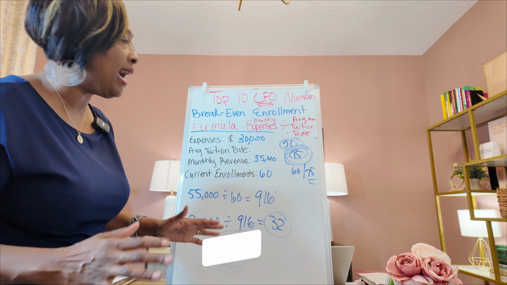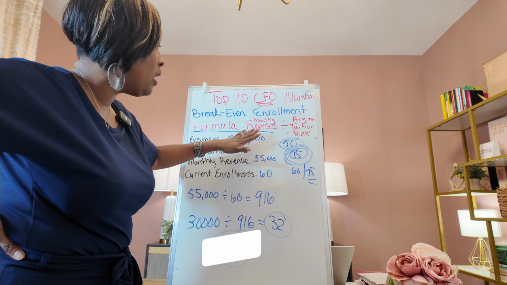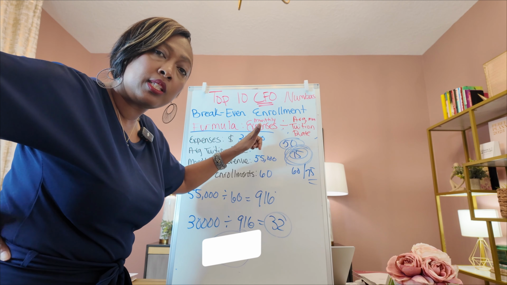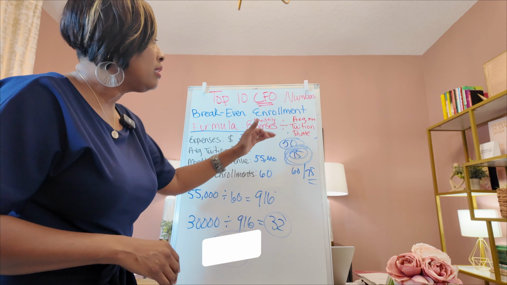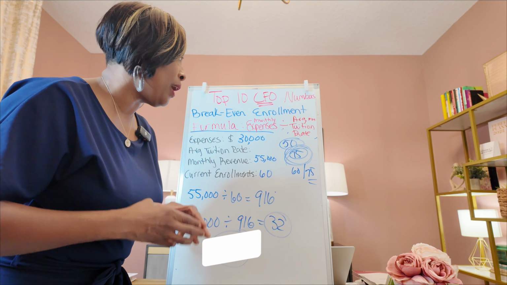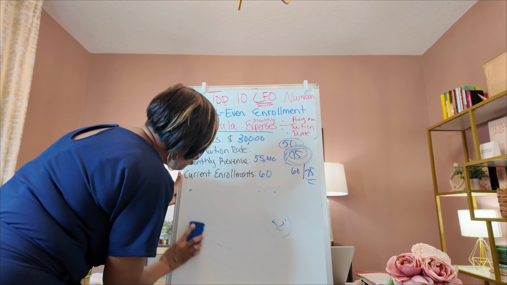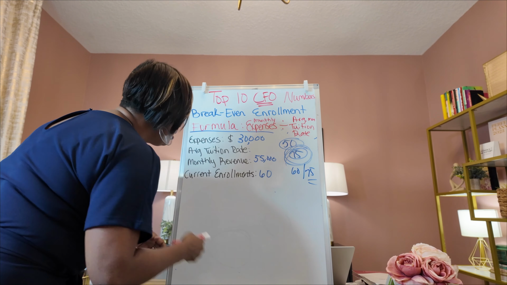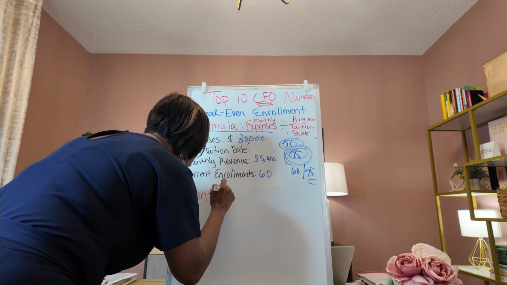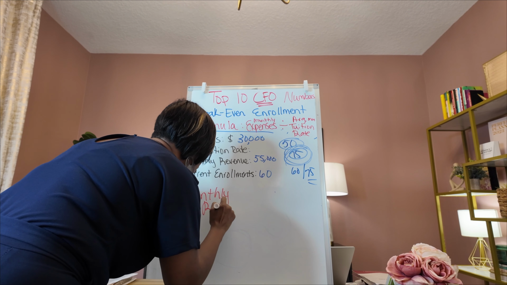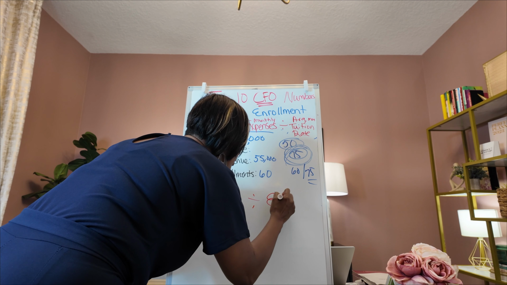So let's break this down again. To find out your break-even enrollment, you're gonna look at what were my monthly expenses. You gotta go back and look at your profit and loss statement to figure that out. Divided by your average tuition rate. How do I find my average tuition rate? Remember, there is a formula. The formula is your monthly revenue divided by your enrollments.